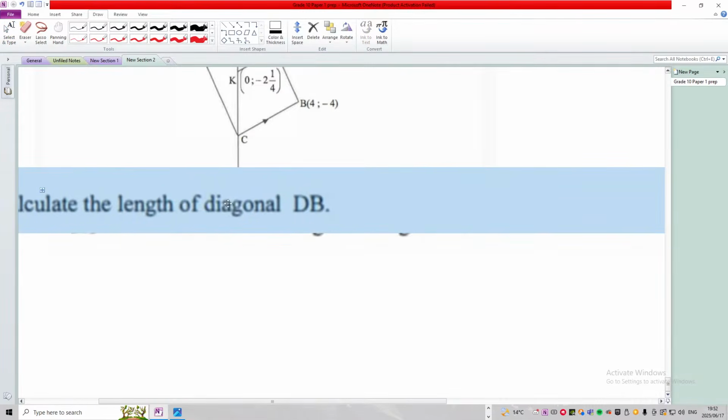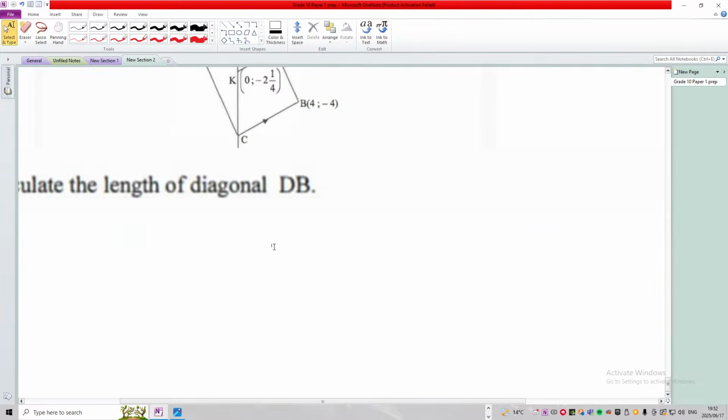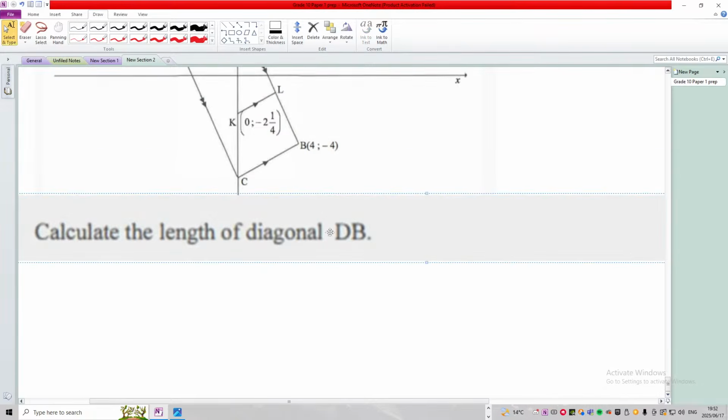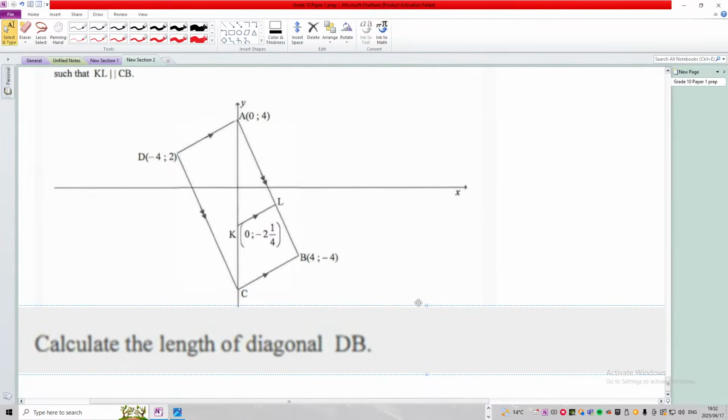Calculate the length of diagonal DB. Again, this is analytical geometry. Let me just check something quickly.